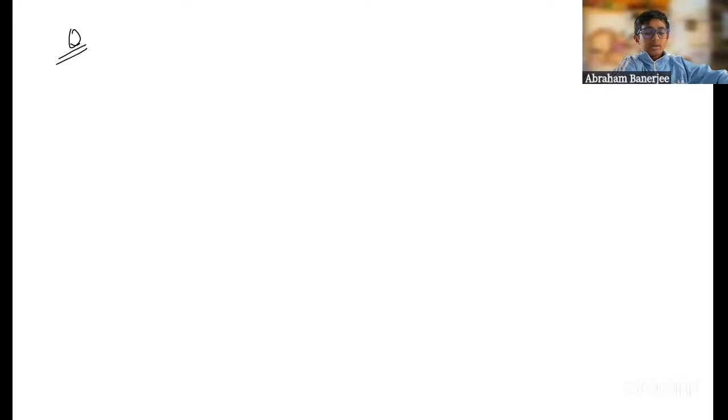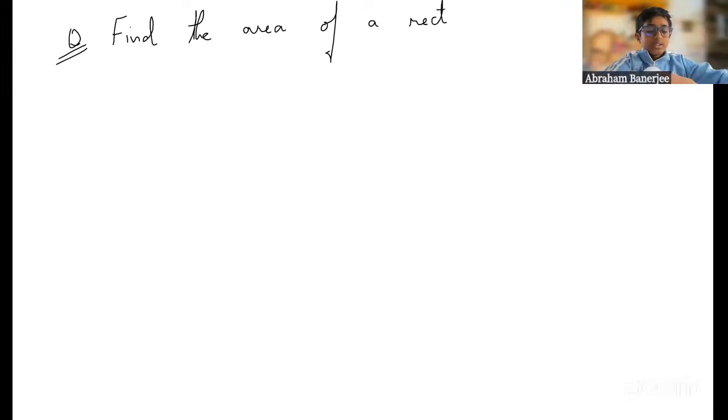Ma'am, I have a question, ma'am, for the area of a parallelogram. You will do length into breadth because, when I was reading one of my textbooks earlier, it said that if you cut off a side of a parallelogram, you can put it on another side and it would just be length into breadth.